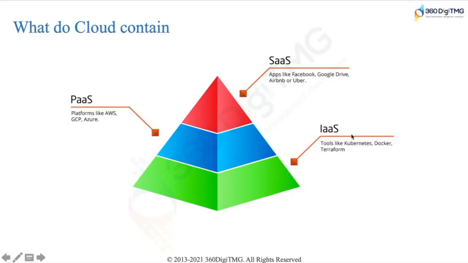I am responsible for managing the operating system, database, security. If any other microservices are installed in that virtual machine, security of those applications, all these are my responsibilities. And these kinds of services are called infrastructure as a service.